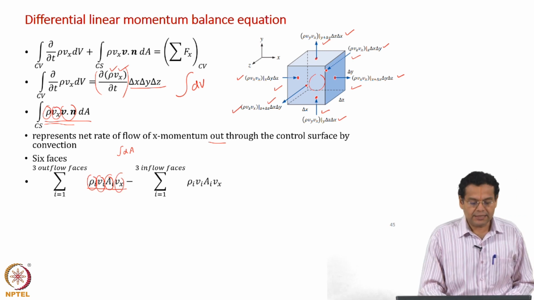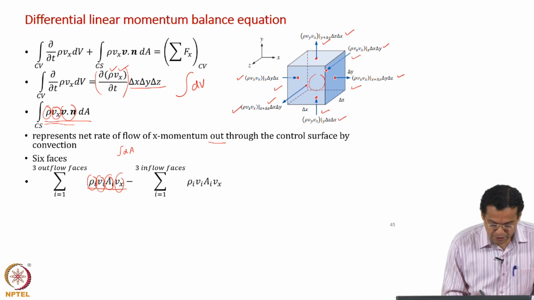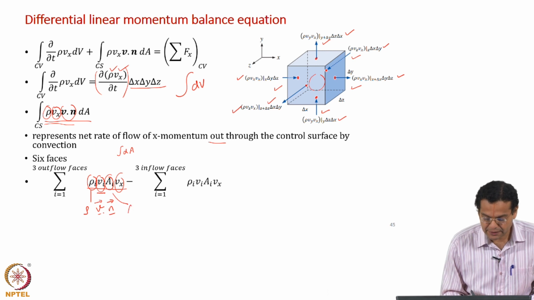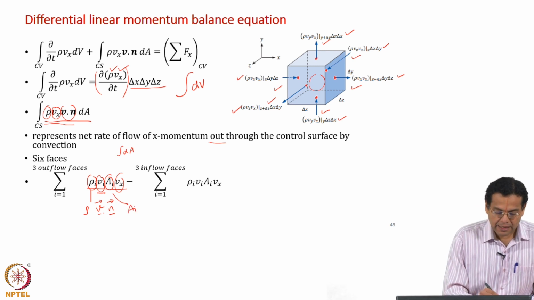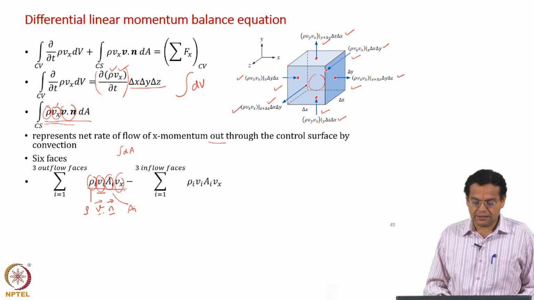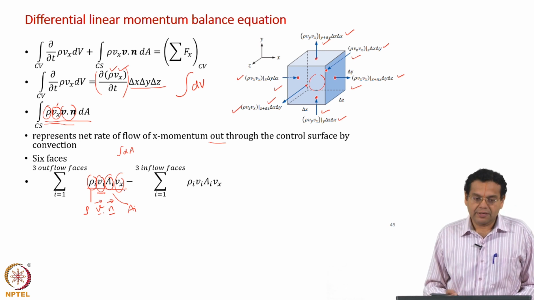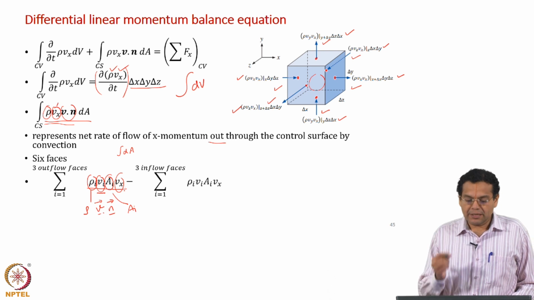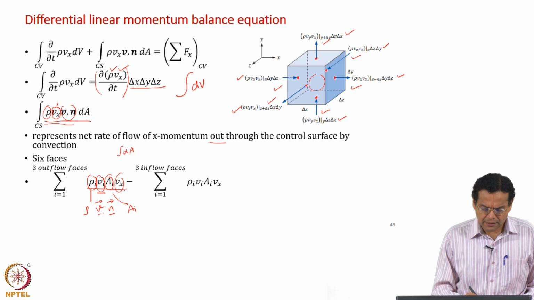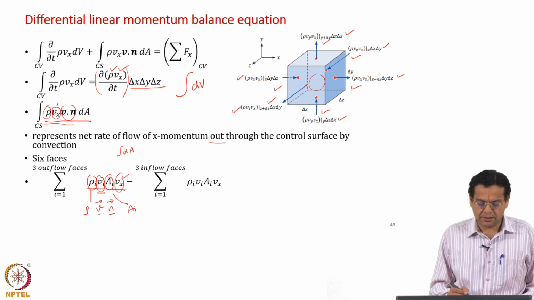I want to emphasize that this represents rho and this V_i represents V vector dot n vector, and of course integral of dA is represented as this A_i, and this V_x and this V_x are same. The reason for emphasizing this is that whenever we write a momentum balance in a particular direction, in this case x direction, that component of velocity appears on the rightmost.